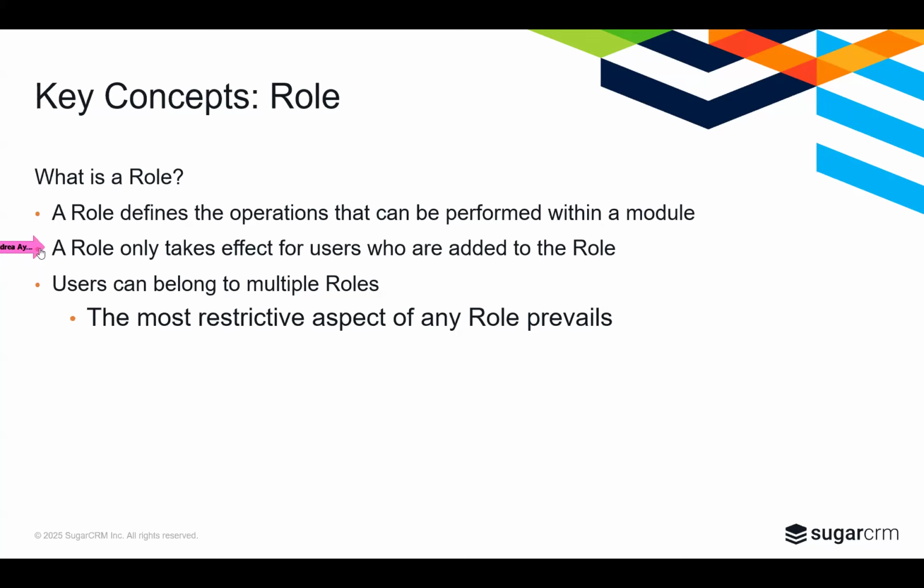Okay, so yes, one user can be part of multiple teams. Roles is the most restrictive of each. It looks like a little spreadsheet, so I call it each little cell. It's going to look at all those cells for all the roles, and then it's going to give you the most restrictive one. And teams, I would say it would be more inclusive. It just depends how many.